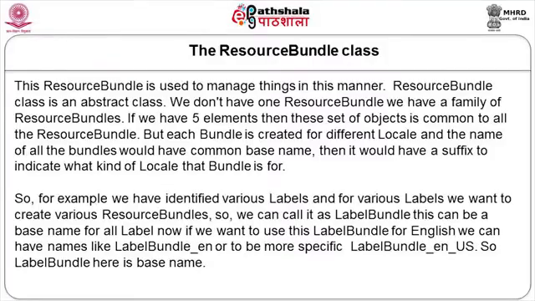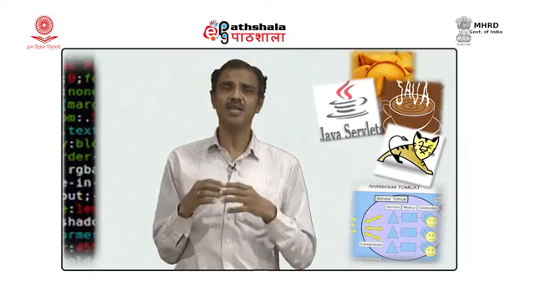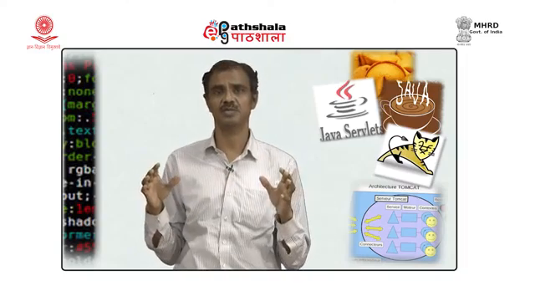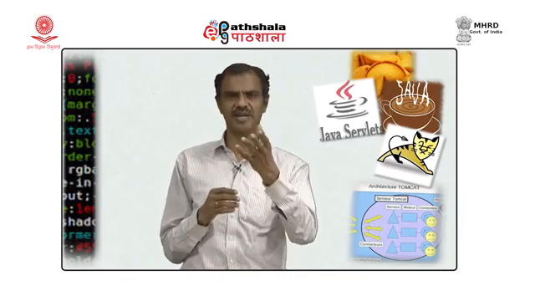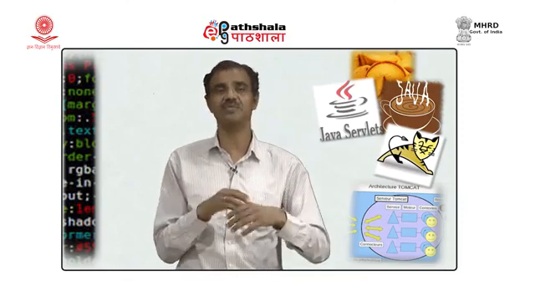For managing this, the base class ResourceBundle is actually an abstract class. Another point about ResourceBundle is that it is not one ResourceBundle you will have; you will have a family of ResourceBundles. We identified a set of elements, say 5 elements.